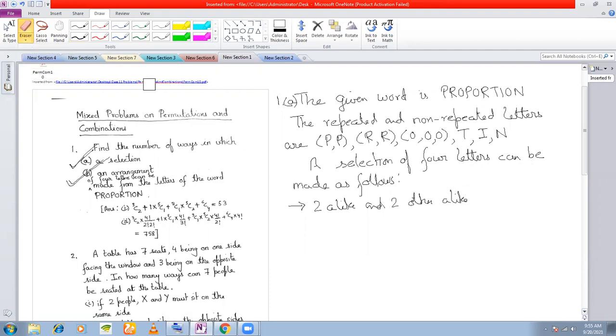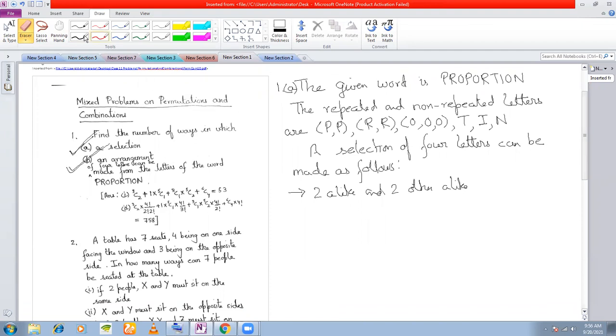So in how many ways can you have two alike and two others alike? How many are alike here? There are 3 alike, right? Now you can select 2 pairs from this.